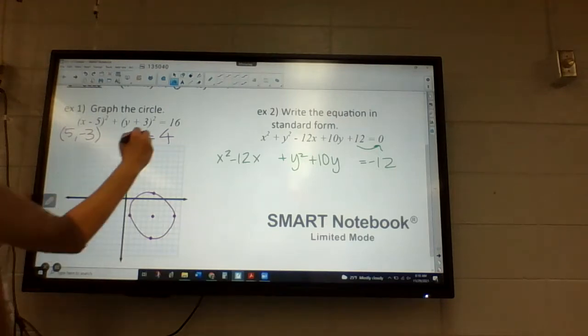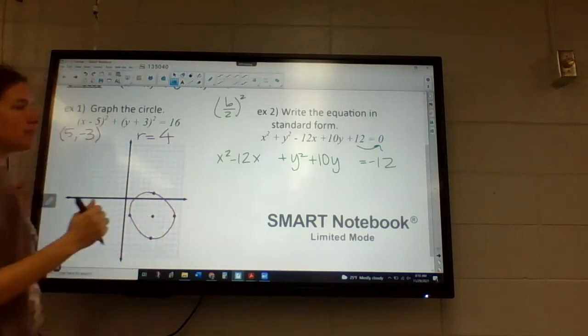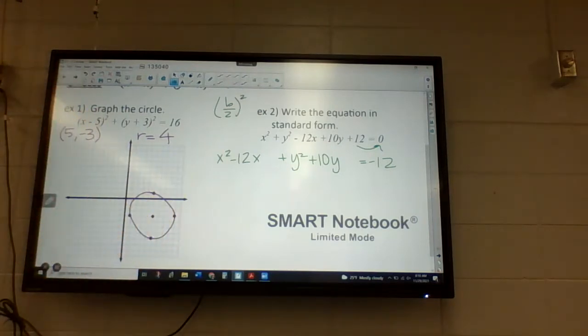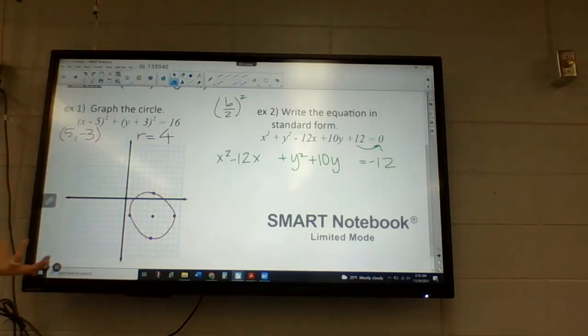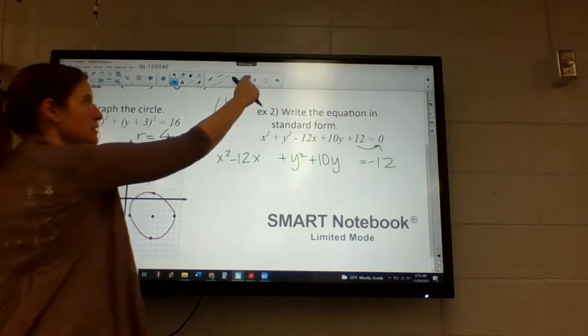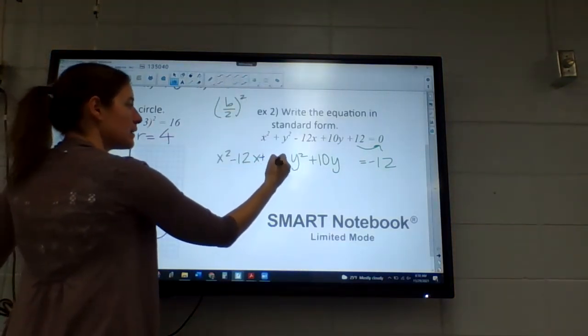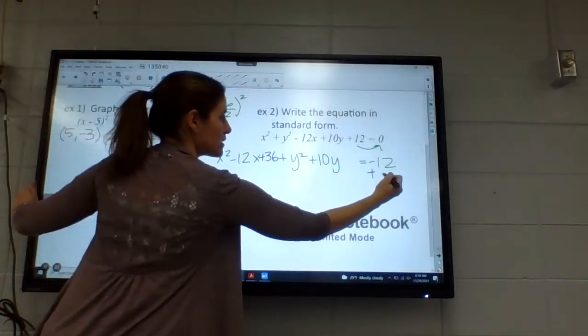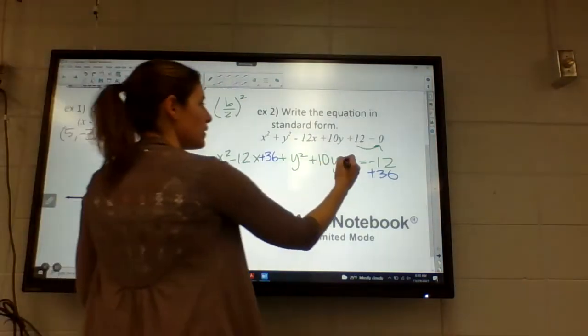And this is where we have to do b divided by 2 squared to figure out the value to complete the square. In this case, negative 12 divided by 2 is negative 6, but squared it becomes 36. So we add that here, but then we have to add it to this side as well. Same thing with the 10. 10 divided by 2 is 5, squared is 25.